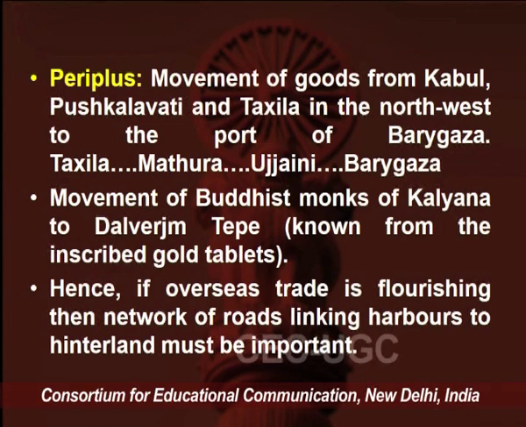Mathura is a very important trade site during the Post Mauryan period. So is Ujjaini. Barigaza of course is a port town. Takshila, Mathura, Ujjaini, Barigaza are all part of the trade circuit, and there is a coming together of the maritime and overland network of transaction.